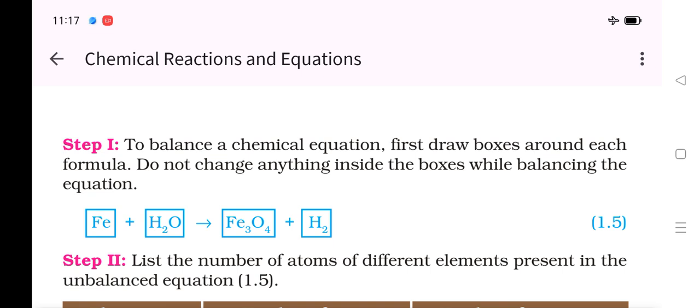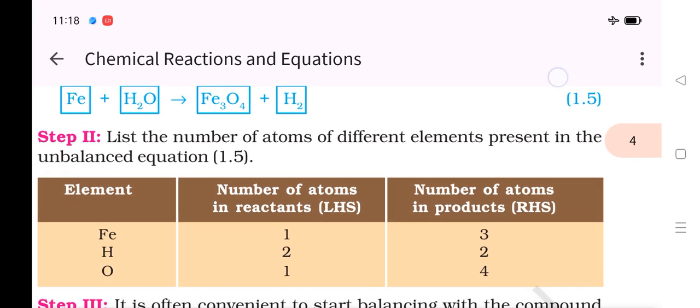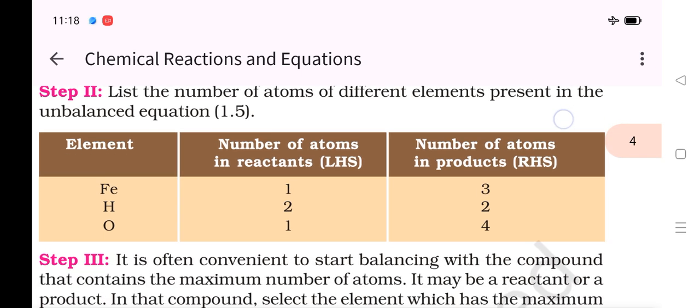Do not change anything inside the boxes while balancing the equation. Fe in a box plus H2O in a box gives Fe3O4 in a box plus H2 in a box, that is 1.5. Step 2: list the number of atoms of different elements present in the unbalanced equation.